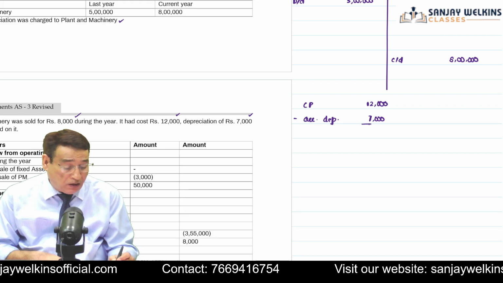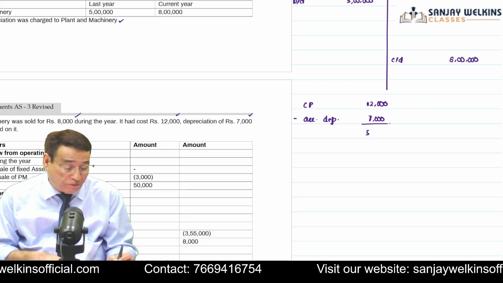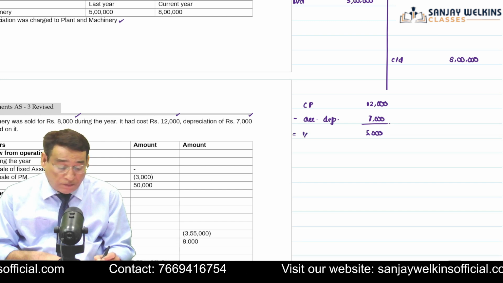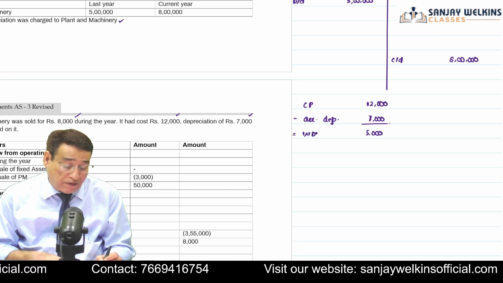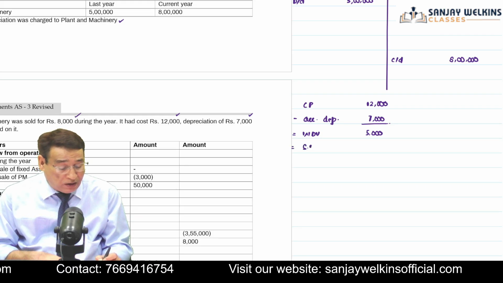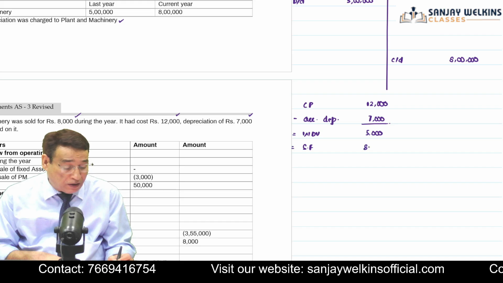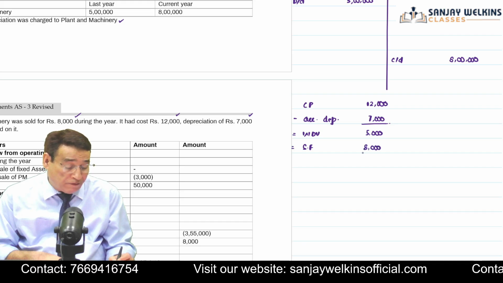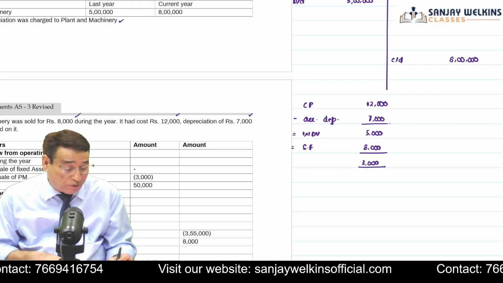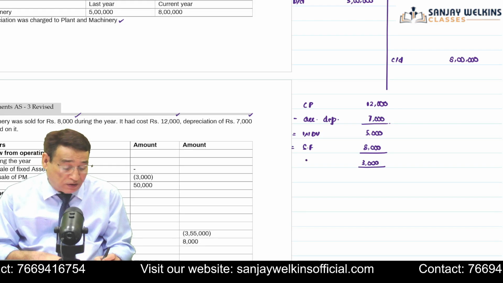So that means the net book value is equal to 5,000, that is written down value. Now we have sold it for 8,000 rupees, so I will write here sold for 8,000. So this time we are having a profit of 3,000. Is it clear to you?